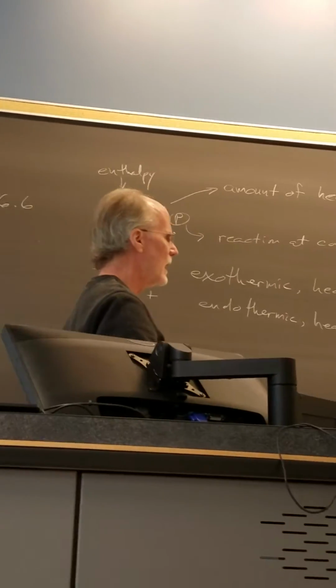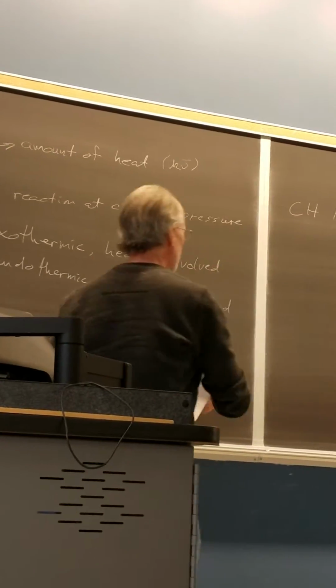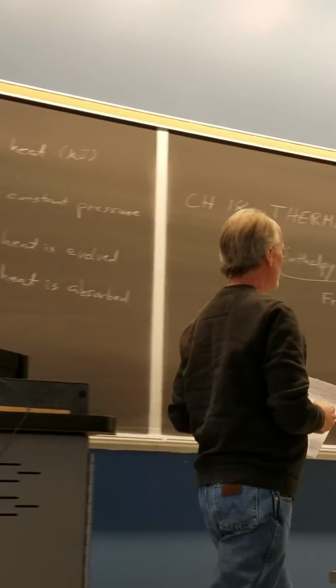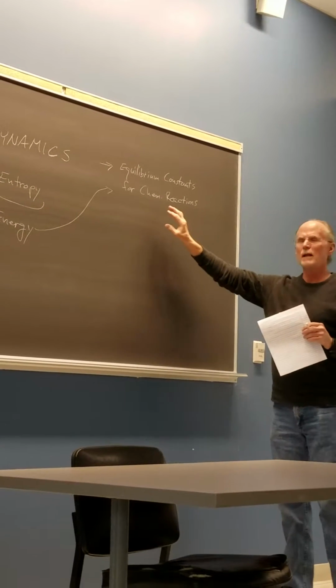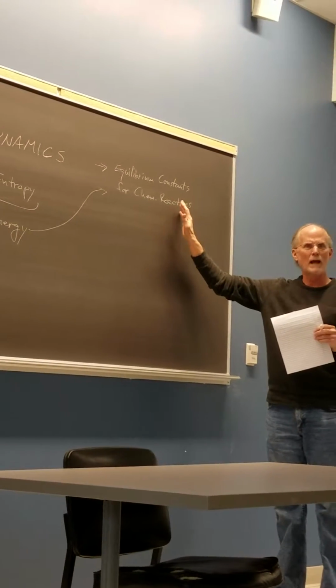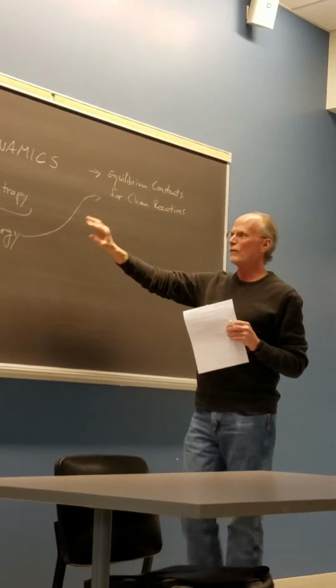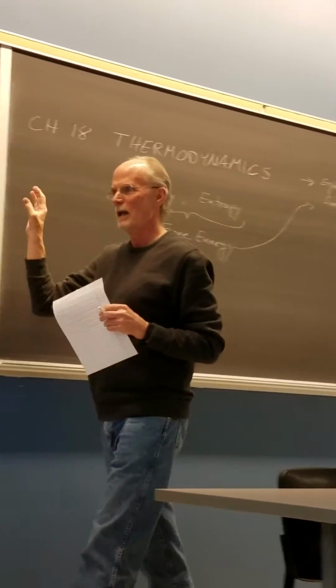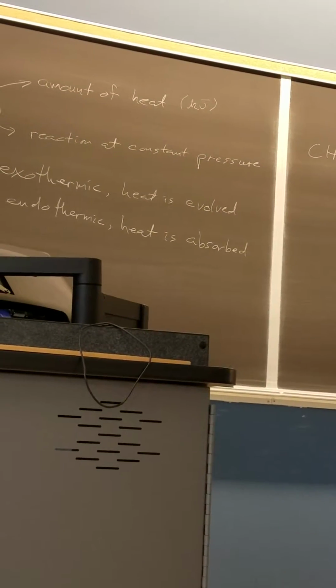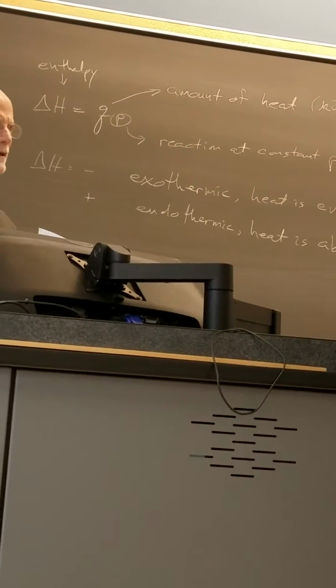The big thing with thermodynamics in chemistry is your goal usually is to figure out an equilibrium constant for a chemical reaction. To get that, you need the free energy, and to get that, you need the enthalpy and the entropy. So for the big picture, you need to figure out what is the enthalpy for a chemical reaction.